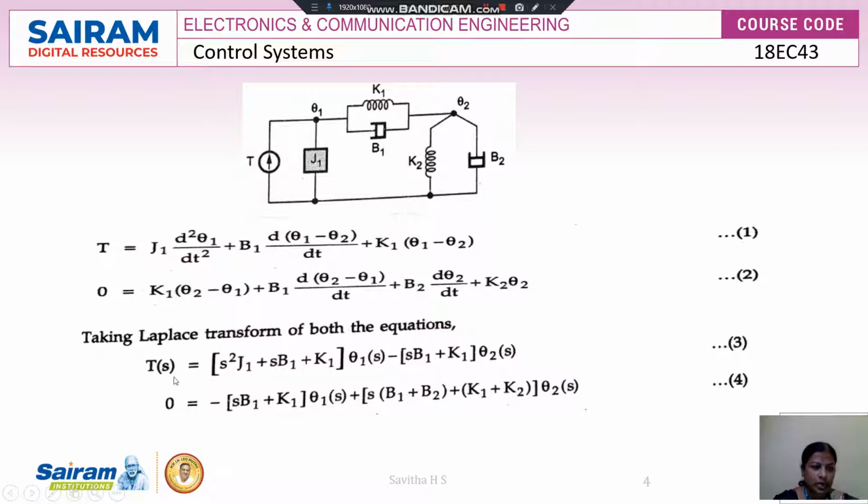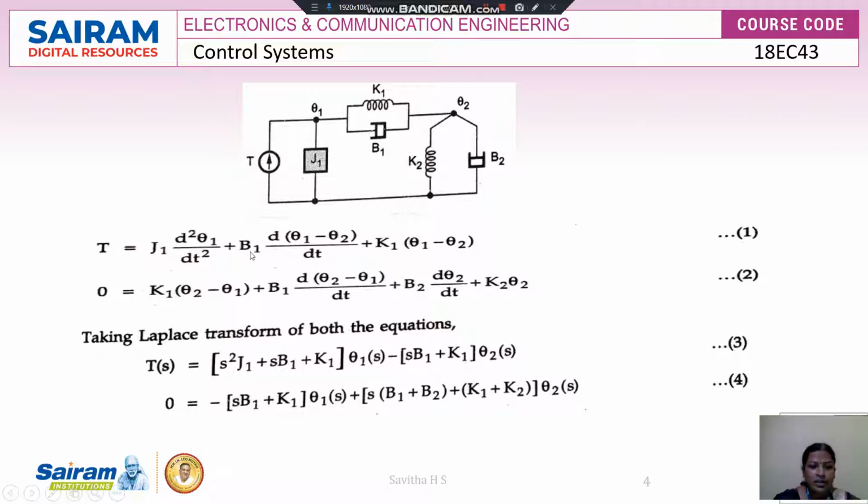So T becomes T(s), and J1 d square by dt square becomes s square J1, plus s B1 plus K1, taking theta 1 of s as common. For theta 2, it is minus (s B1 plus K1) theta 2 of s.